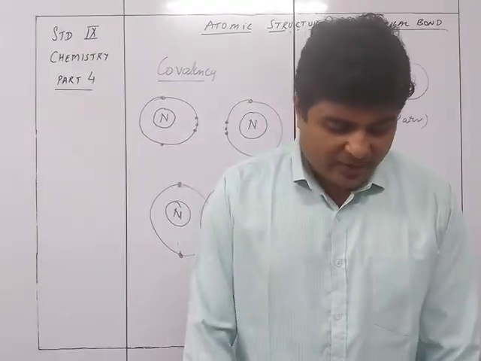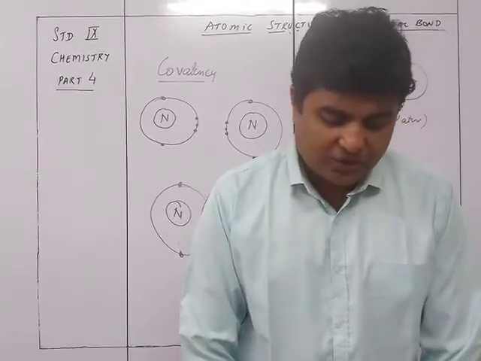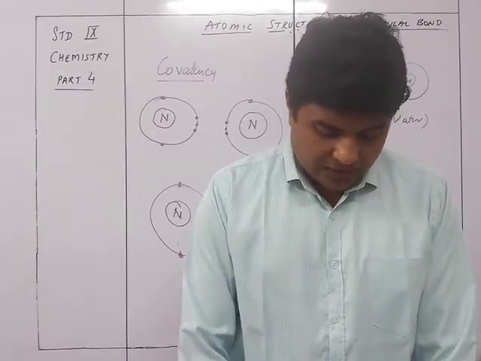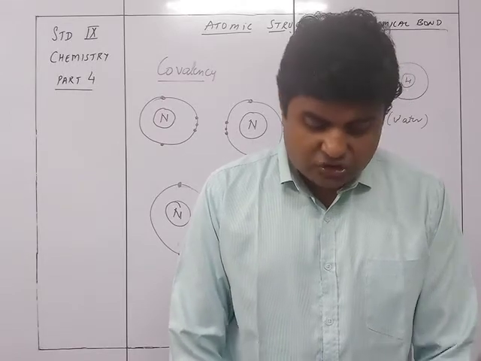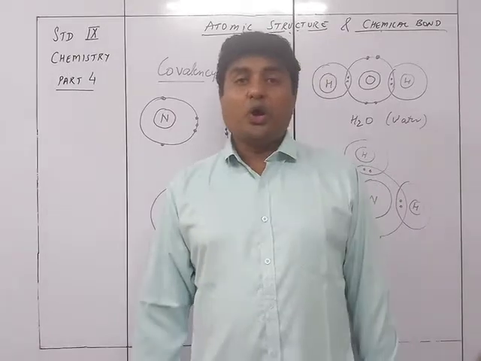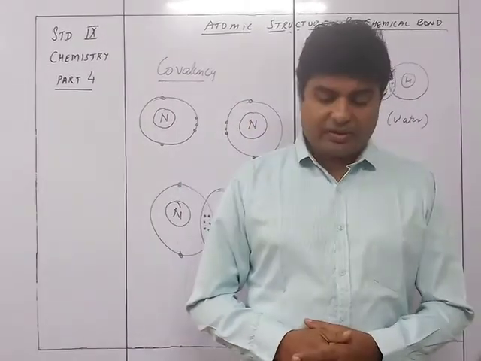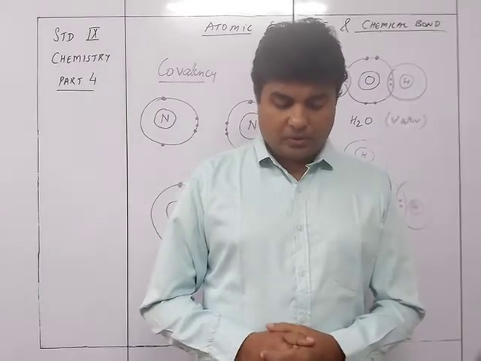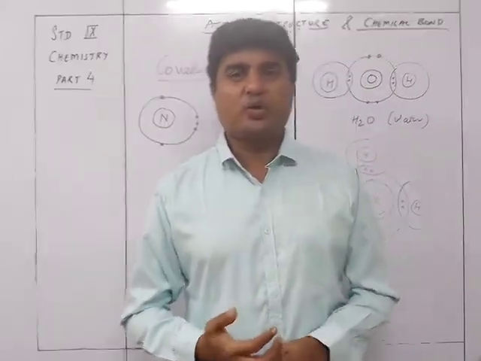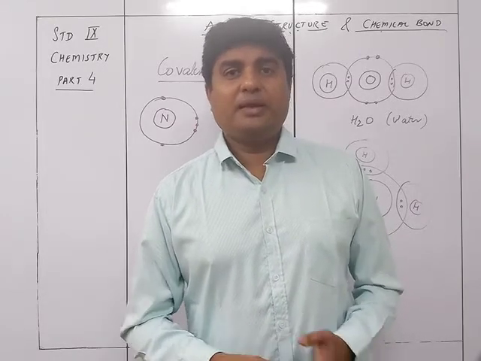So there are the first 20 elements. Now we see the structure of certain electrovalent compounds and covalent compounds, and I'll also show you one more thing over here, and that is called the dot diagram. The electronic dot diagram, because in the 10th standard at least, not in the 9th standard, you are going to draw not only the structural diagram but the dot diagram also.